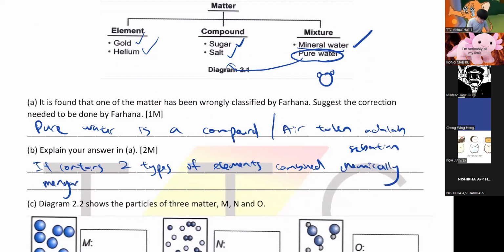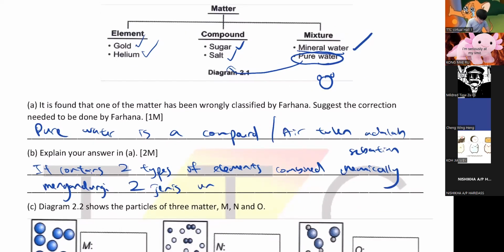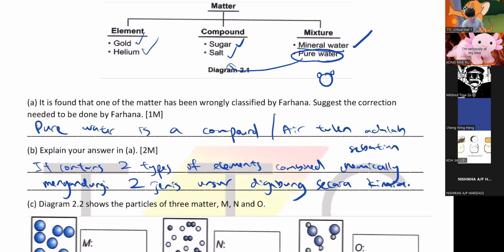Kerana ia mengandungi 2 jenis unsur bergabung secara kimia. They are chemically combined, not physically. Physically is this. When there's no friendship, this one got friendship, got chemistry. So that's a compound.